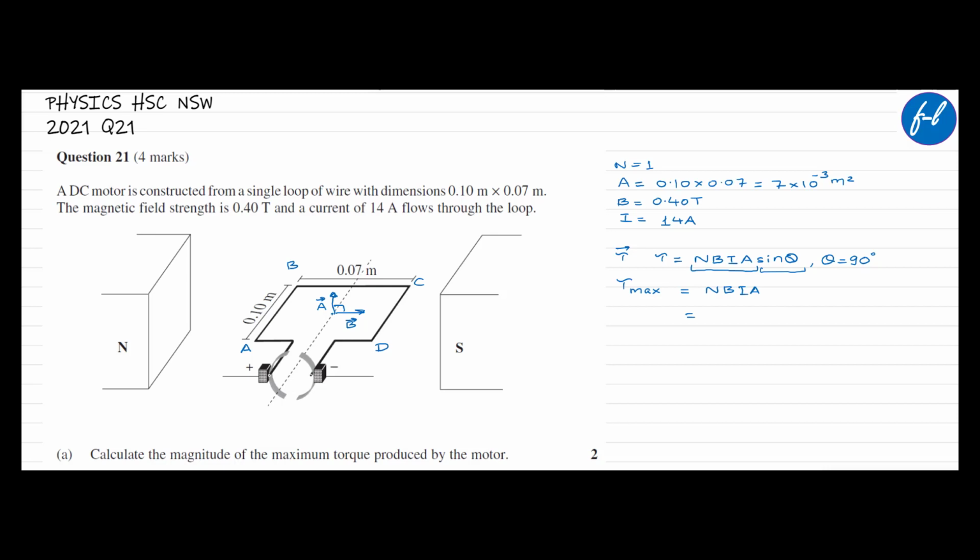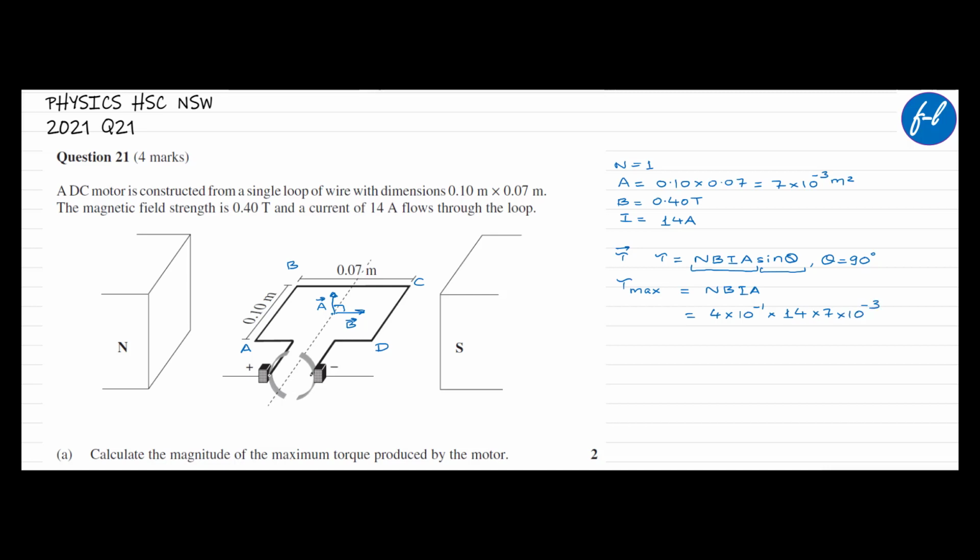So 1, and B is 4 into 10 power minus 1 Tesla. I is 14 ampere. And A, that is the area, is 7 into 10 to the power of minus 3.